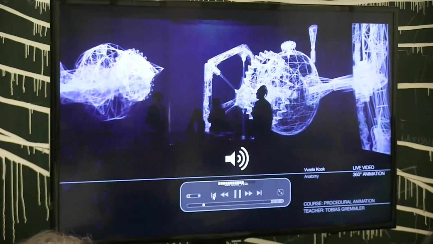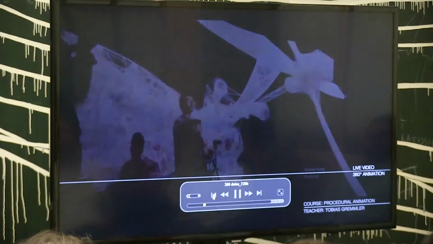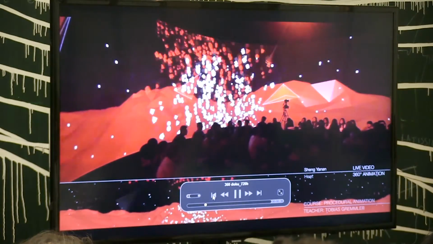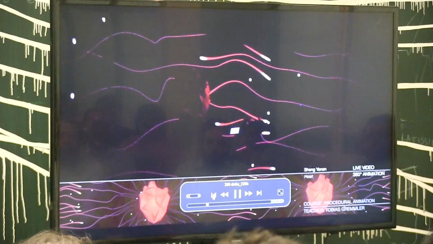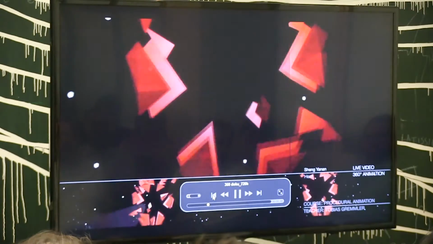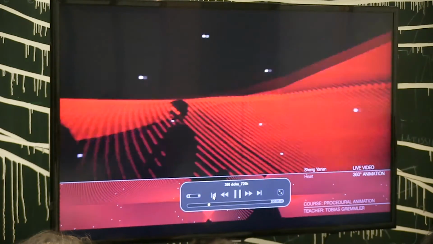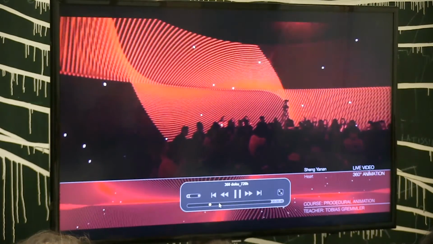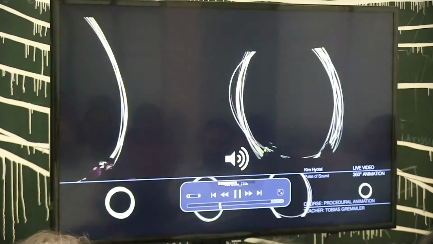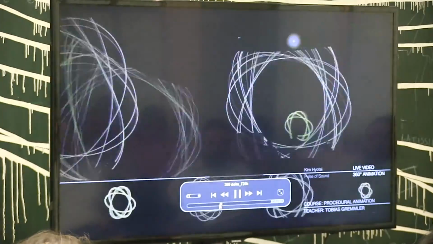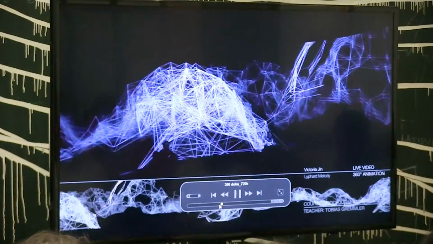We see here some tracking or some motion, but this is not real time. But this is something I'm working on at the moment. Yeah, this has 5 projectors.